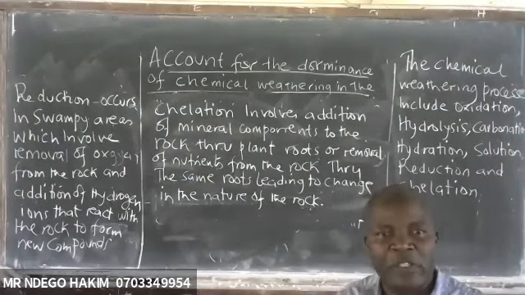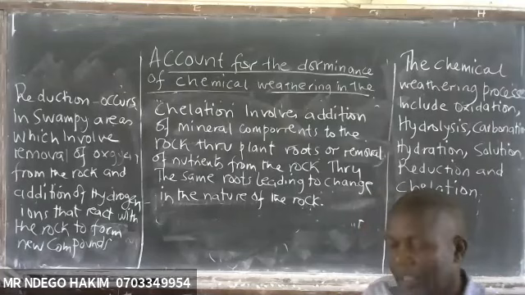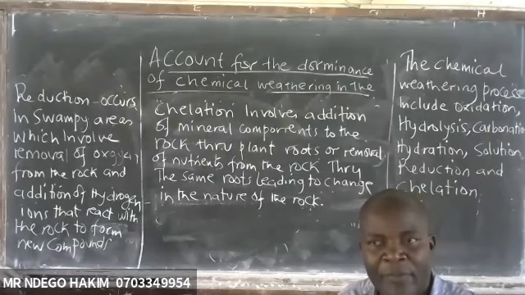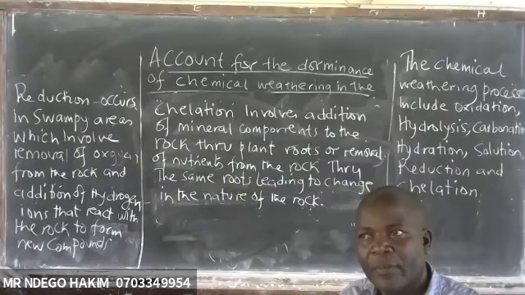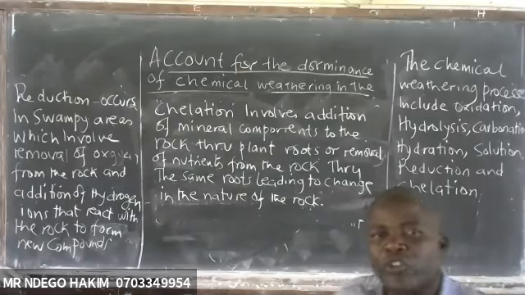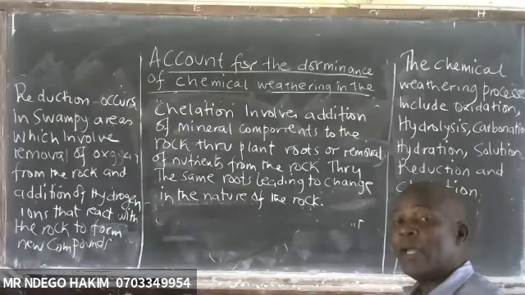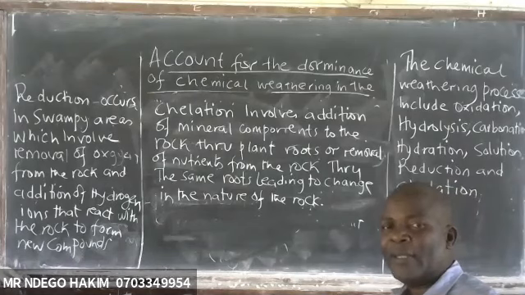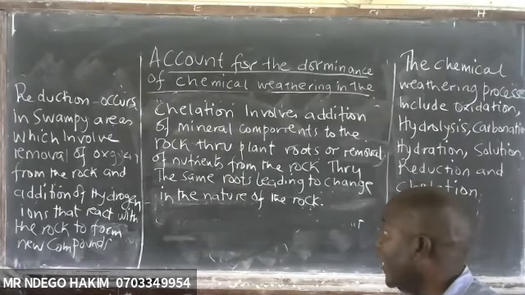So in this process, the rock changes its composition. So chelation may involve addition or removal of mineral nutrients by use of plant roots. That's why it is common in densely vegetated areas.